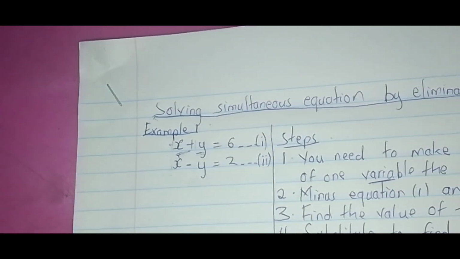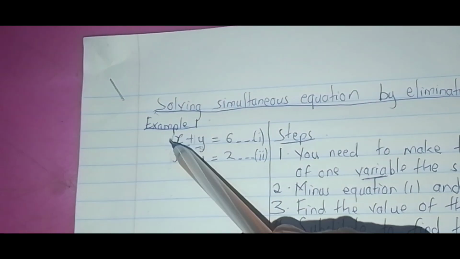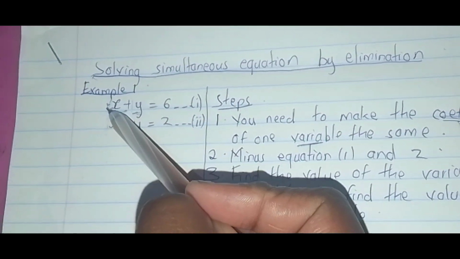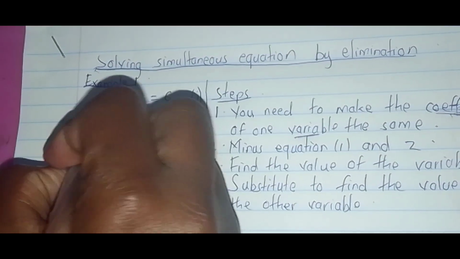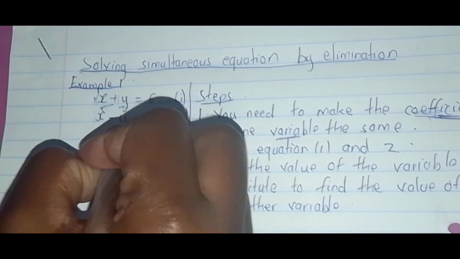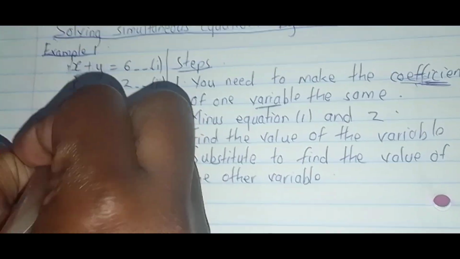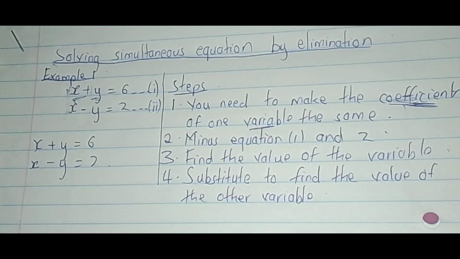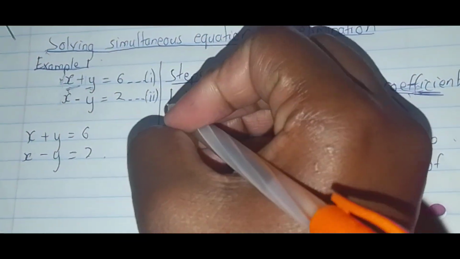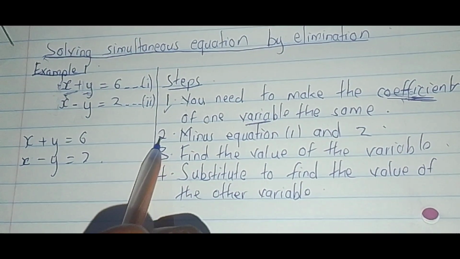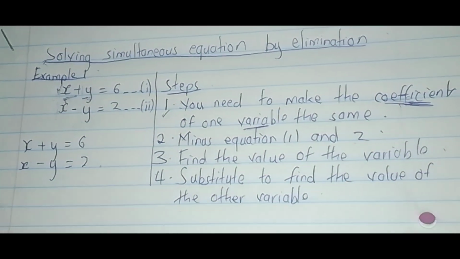As you can see, the coefficient of the x variable for equation 1 and equation 2 is the same. So our first step is already done. For step 2, minus equation 1 and 2.